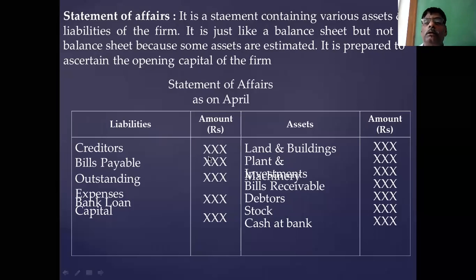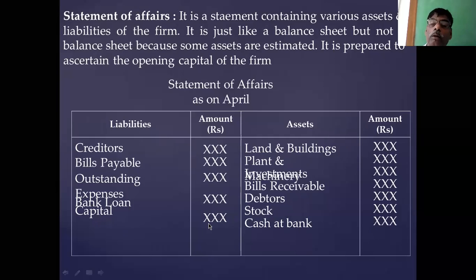You write given liabilities on the liability side. You write the opening assets on the asset side, opening liabilities on the liability side. Then close the statement of affairs. Then whatever difference comes, if the difference comes on the liability side, you write it as capital.